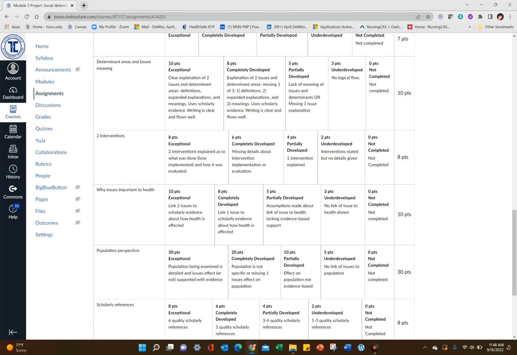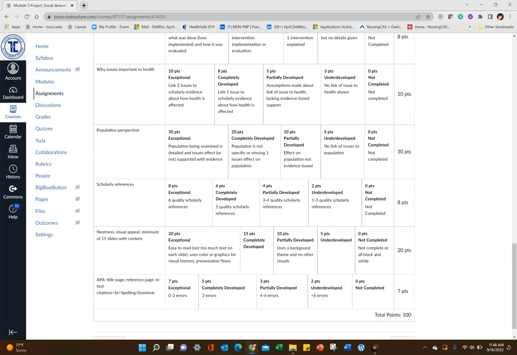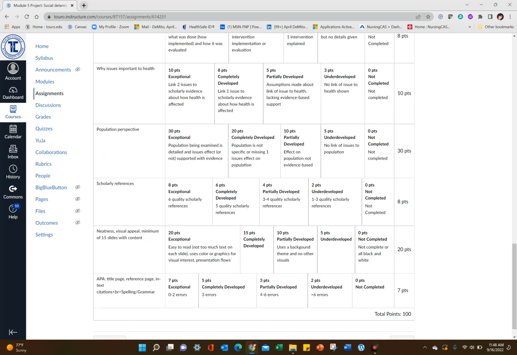Now let's look at what's really important to look at. The big points. Population perspective. That's 30 points. You don't want to lose any of those 30 points. The population being examined is detailed and issues affect, or not supported with evidence.